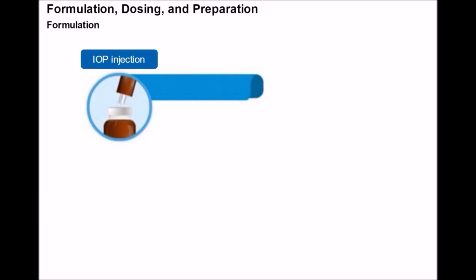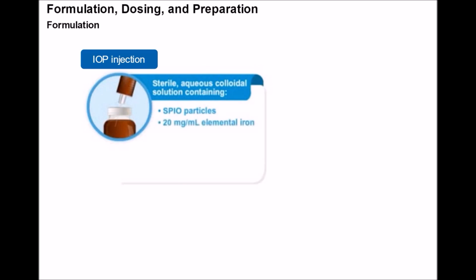IOP injection is formulated as a sterile, aqueous colloidal solution that contains superparamagnetic iron oxide particles with 20 milligrams per milliliter of elemental iron, coated with MPEG silane, as well as 40 milligrams per milliliter of mannitol and 2 milligrams per milliliter of L-lactic acid.